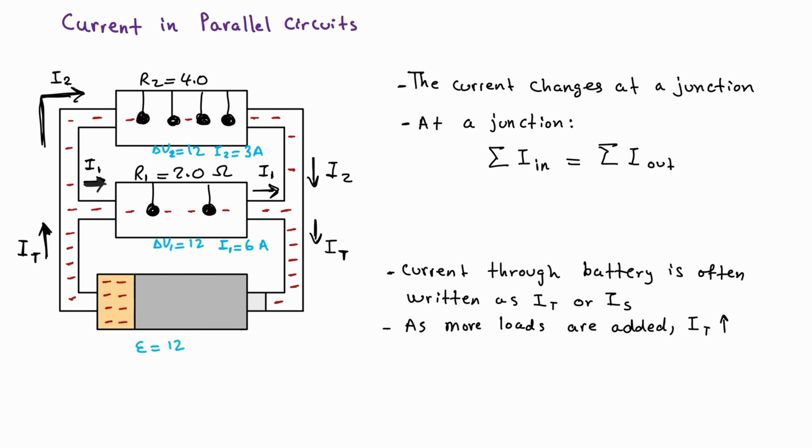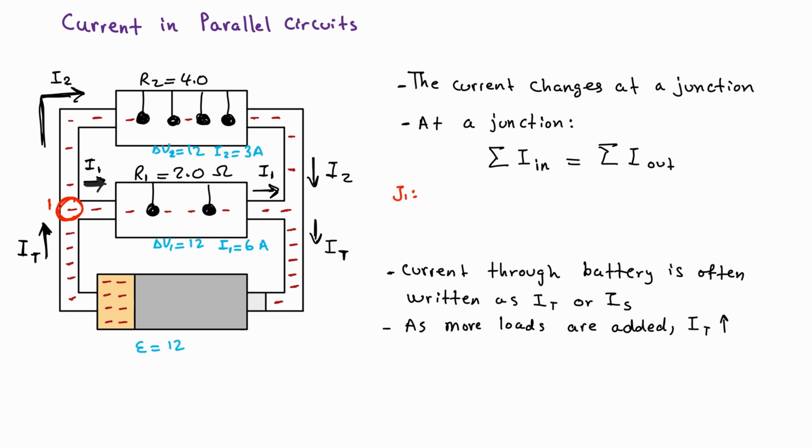So we can write this in two different ways. For this junction over here, I'm going to draw it in red, and I'm going to call that junction 1. The current coming in, the one that goes into this junction, is IT, and the ones that go out of it are I1 and I2.